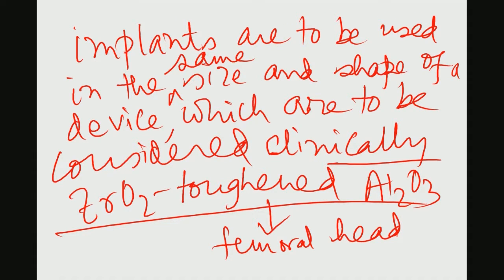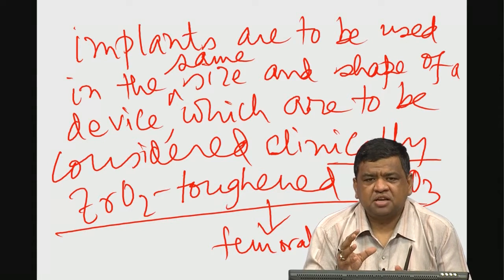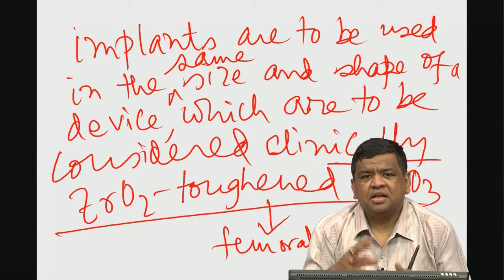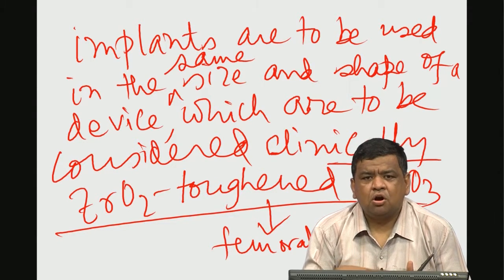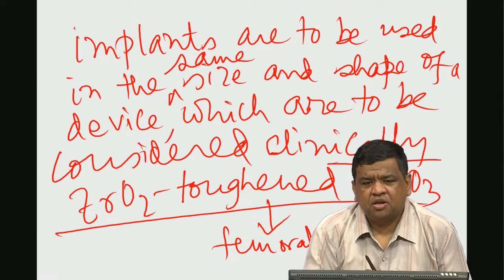Or in other words, although your in vivo or preclinical study is conducted on simple geometrically shaped biomaterial implants, clinical trials must be conducted on the same in vivo tested material, but in the final shape and size of the device which would ultimately be implanted in human patients.